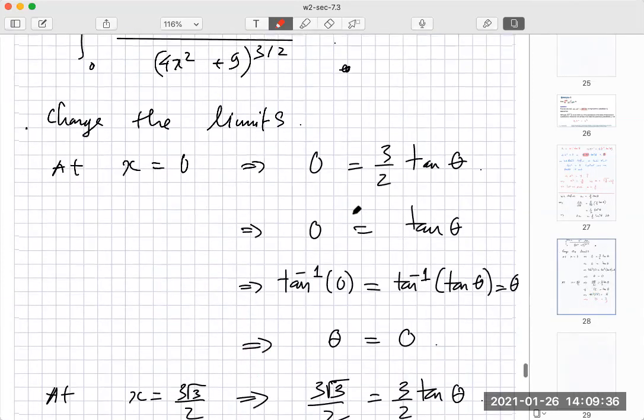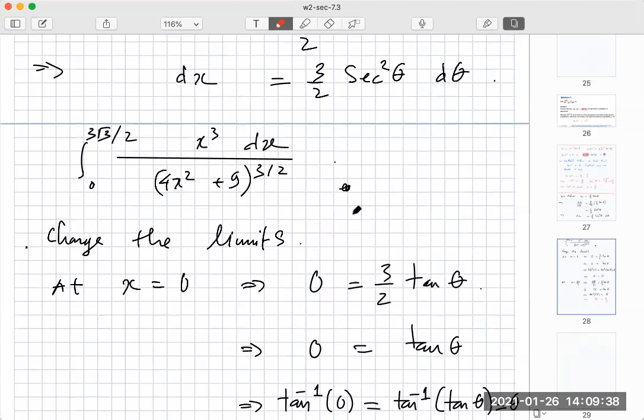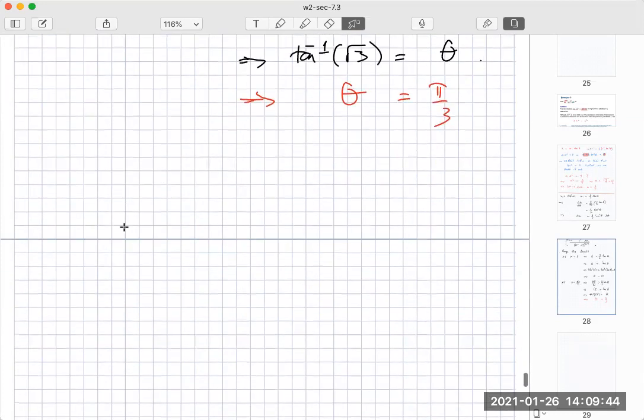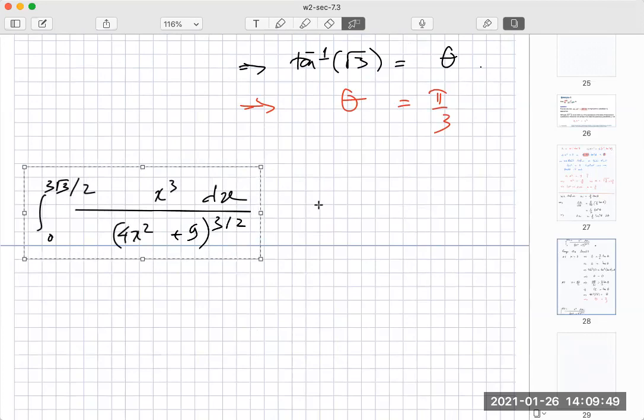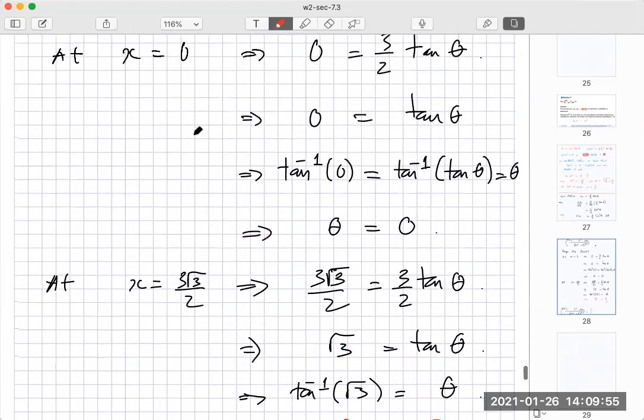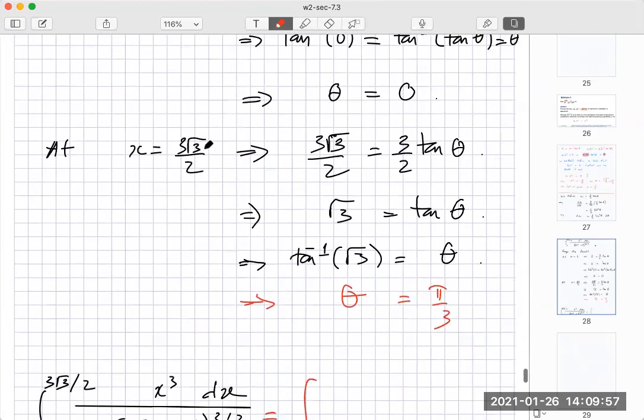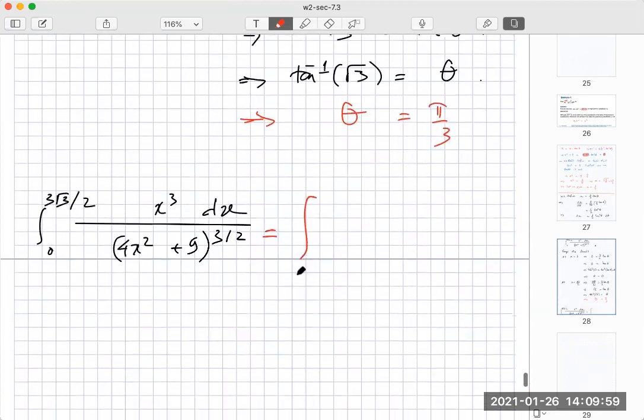So now we write this integral in terms of the new variables here. Now we write everything in terms of theta. The limit becomes from 0 to 3 square root of 3 over 2. It becomes from 0 to pi over 3.